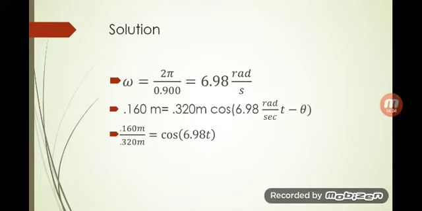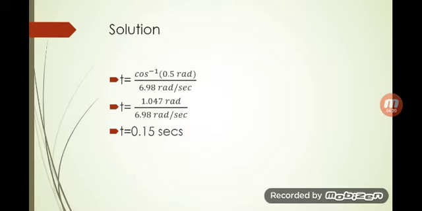Just divide both sides by 0.32, and you get 0.160 m over 0.32 m equals cosine 6.98t, which is 0.5 equals cosine 6.98t. In order to derive this, you take the arc cosine of 0.5, over 6.98 rad per second, which equals t.